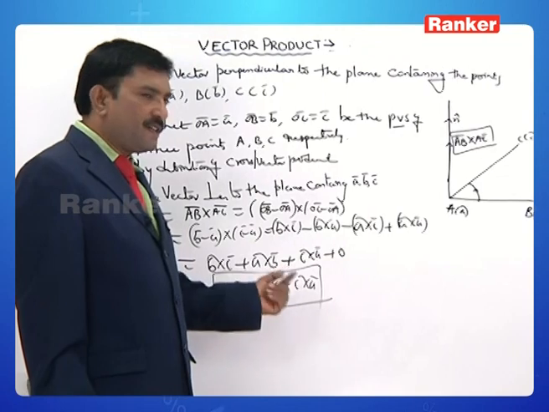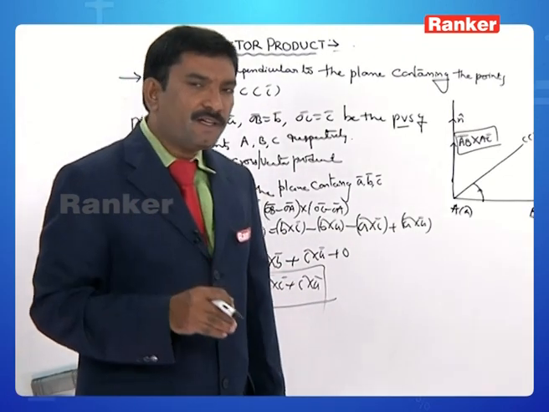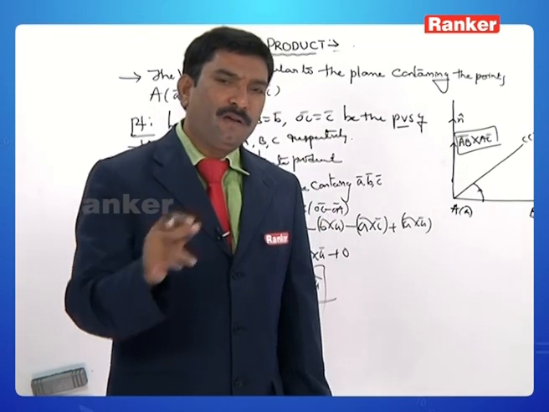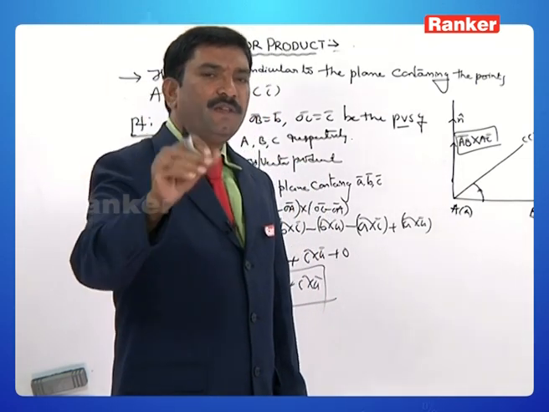Since this is a vector, let me find the unit vector which is perpendicular to the plane containing A of A bar, B of B bar, C of C bar.